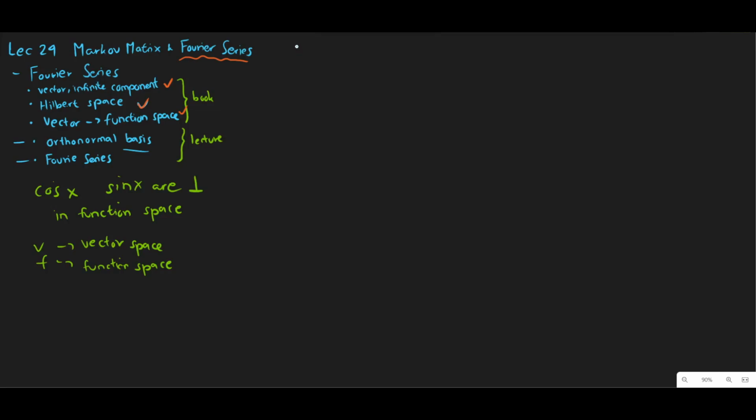Suppose I have an n by n matrix here, and this is an orthogonal matrix. By definition, the orthogonal matrix has all orthonormal vectors, so I can use them as bases.